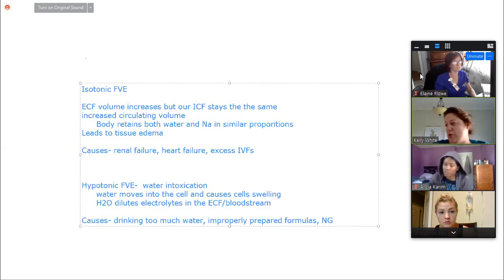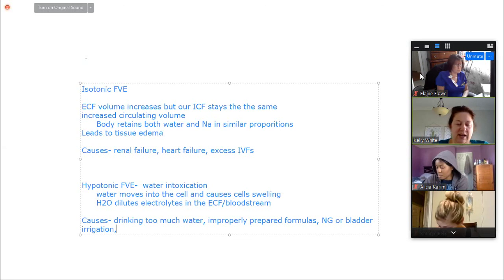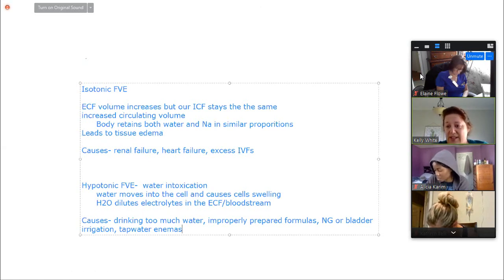If we use plain water for NG tube or bladder irrigations, or if we give too many tap water enemas. So to fix this, if we still need to irrigate their bladder or irrigate their NG tube, we're going to do that using normal saline because it's got some salt in it.